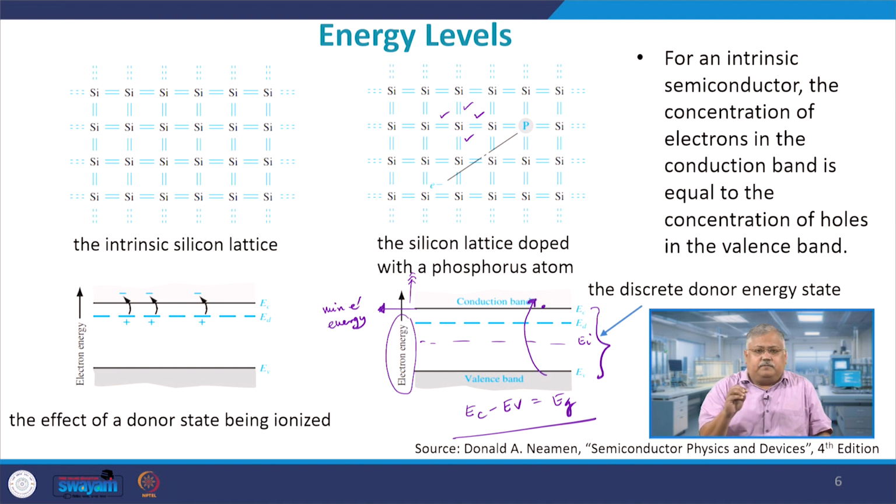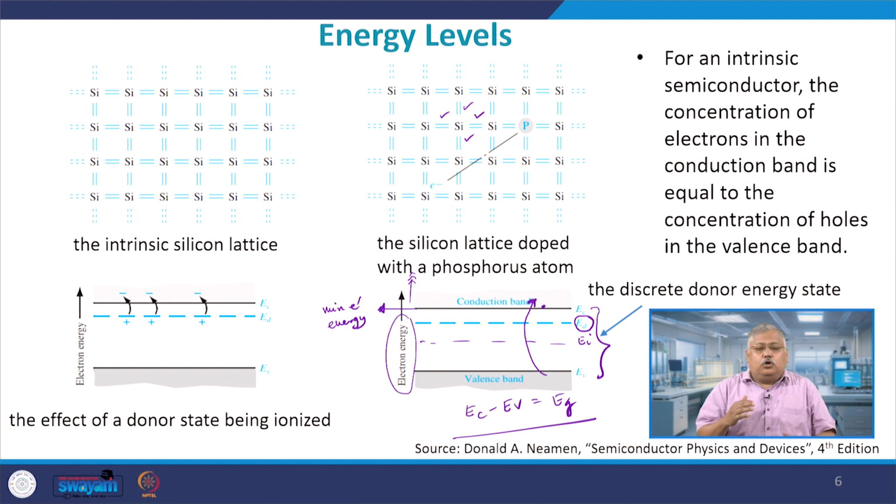Now, phosphorus is one which is contributing an electron, right. So, the donor level ED, which you see in this diagram, is very close to the conduction band. Look at it from the energetic point of view, not from the space point of view. If you place a level very close to the conduction band, the amount of energy required to give a free electron to the conduction band will be relatively very small.